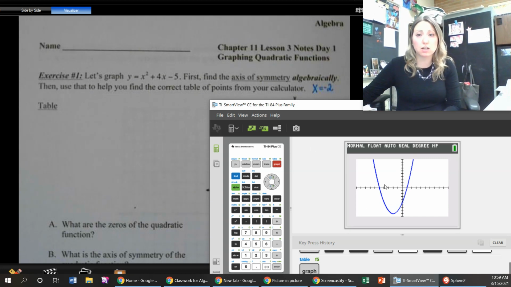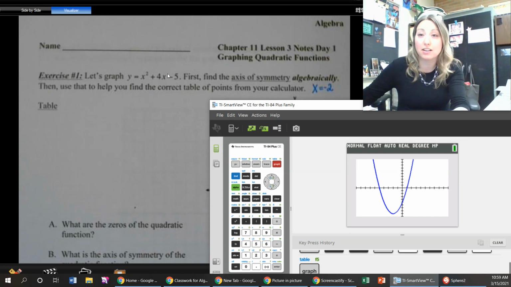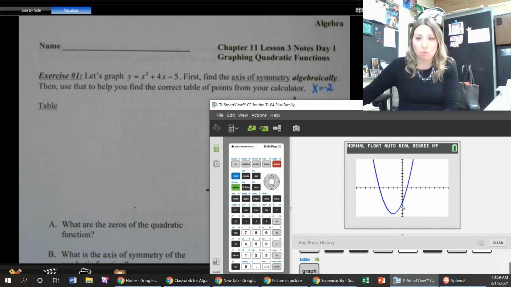I can also see what my zeros are, right? So where the parabola is touching and crossing the x-axis. I can also see what my y-intercept is. That was one of the other things that we used and plugged in, right? An x value of 0, and what was the result? Oh, this number at the end, this negative 5, gives us our y-intercept.